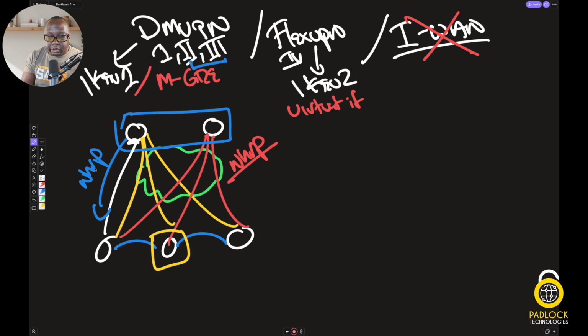You resolve the private to public IP mapping for the tunnel interface, but it would also send a packet to the remote site you wanted to communicate with and say, hey, the site 1 router wants to communicate with you. You need to tell him what your private to public IP address, or NBMA address, is. Then that would happen between the two, and that would be a reply. Once this router gets the resolution, that's when spoke-to-spoke communication would happen.